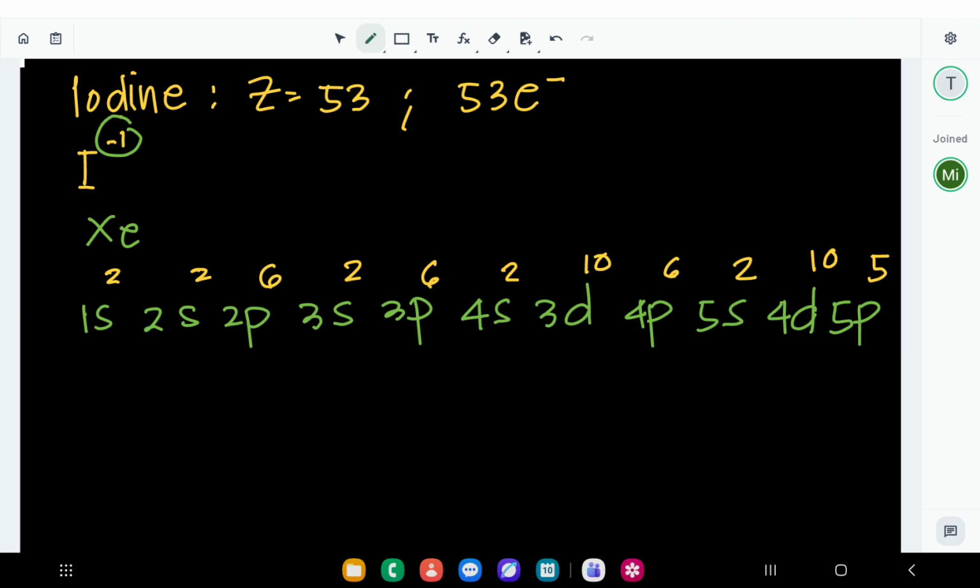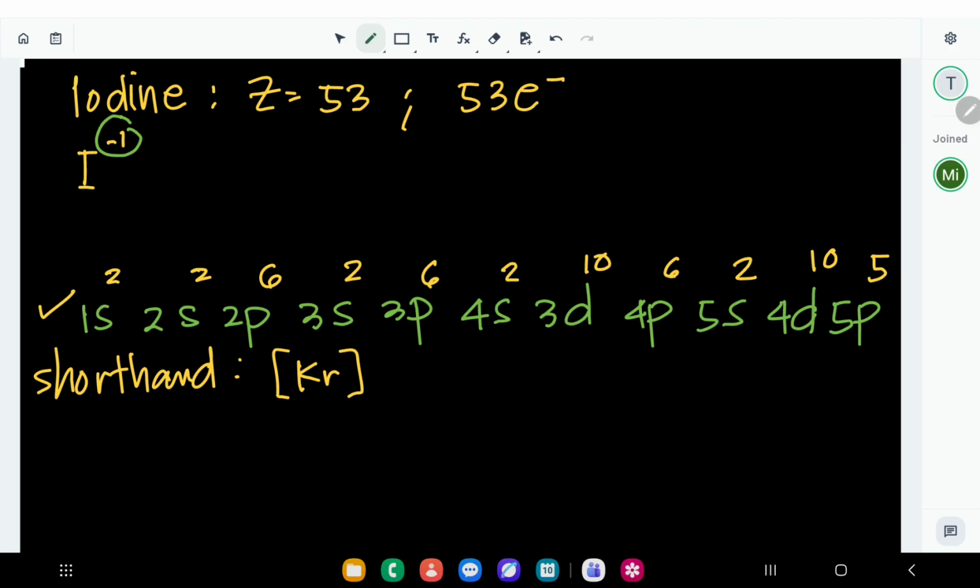So for the longhand, this one is for the longhand, right? For the shorthand, we will erase xenon first. So for the shorthand electron configuration, the noble gas right before iodine is krypton. It's not xenon. All right, krypton. So how many electrons does krypton have?